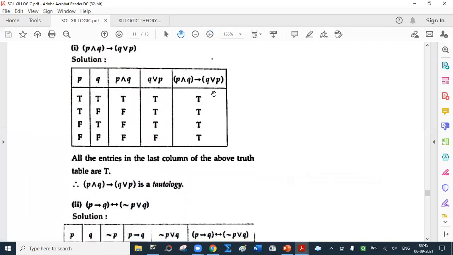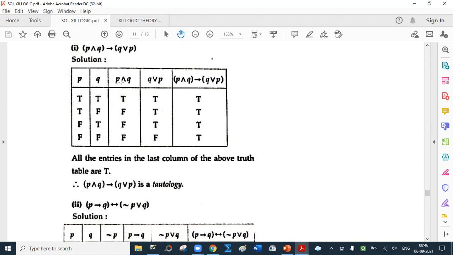The first column P, second column Q, third column P and Q, then Q or P, and this is implication. Now I repeat this. It is better that you follow this order only, though it is true that order is immaterial: T, T, F, F, T, F, T, F.